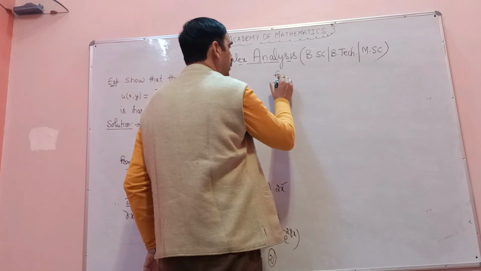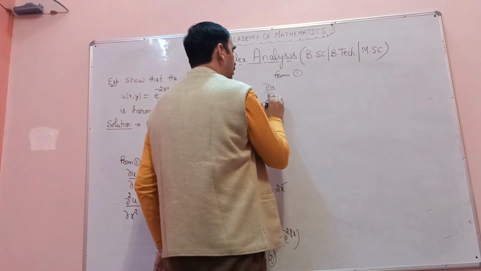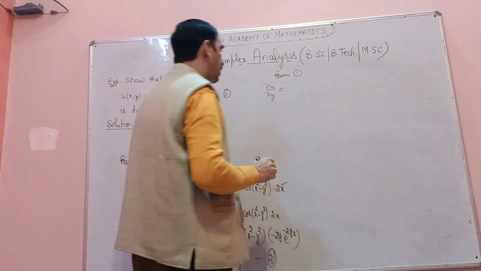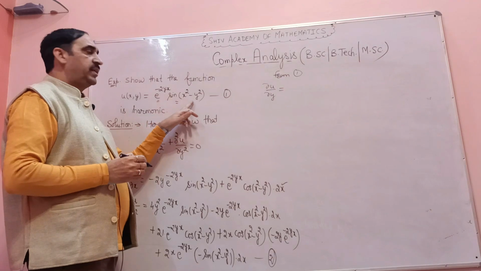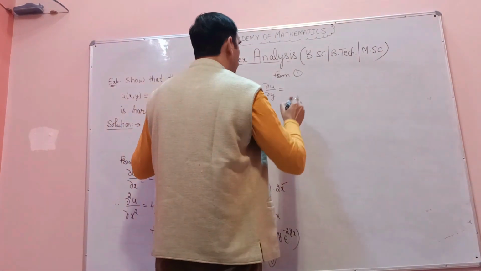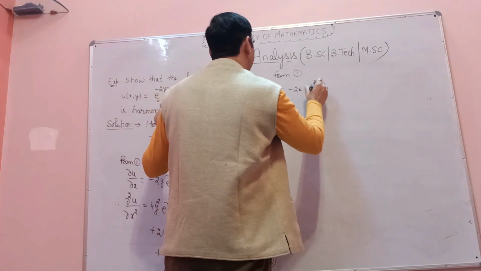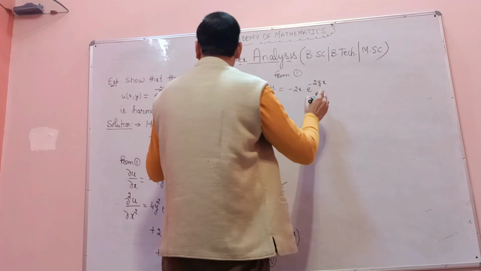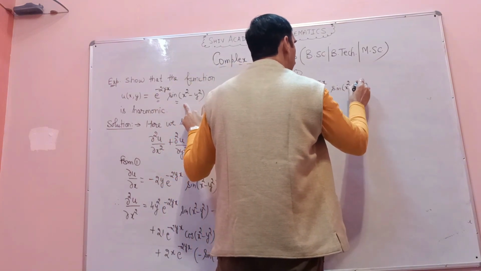Again from first, ∂u/∂y is equal to, again we are having two terms of y, one term is here, second term is here, so again we apply the product rule. So we compute the derivative of this, it is now minus 2x into e to the power minus 2yx, and the second term as it is sine of x square minus y square.